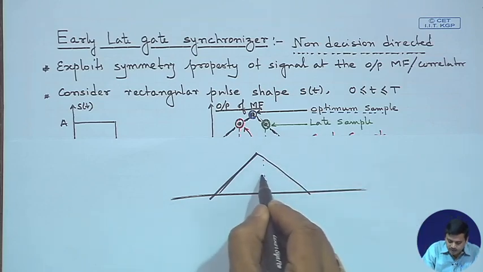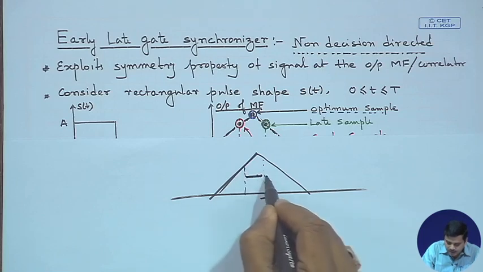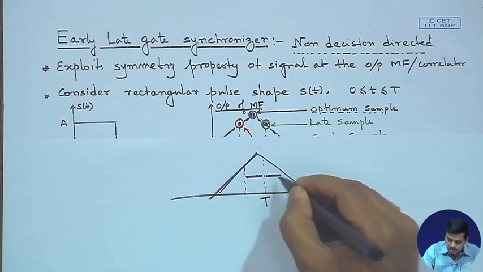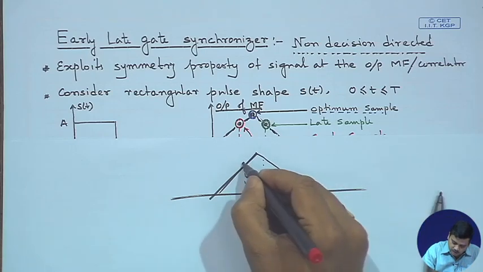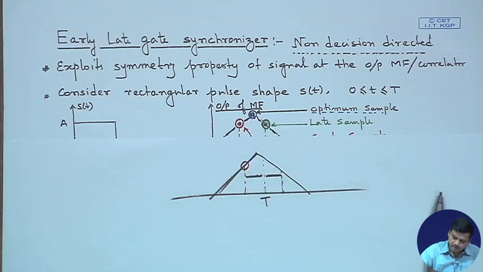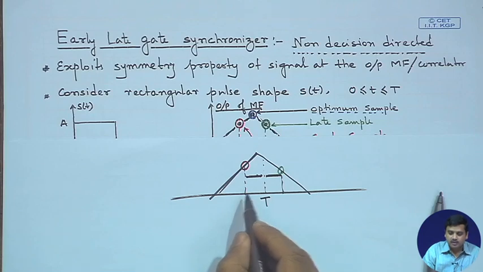All it says is, you record one value at a certain offset, and at a similar offset you record another value in the other direction. So, you record one value here and another value here. This is the early, this is the late.